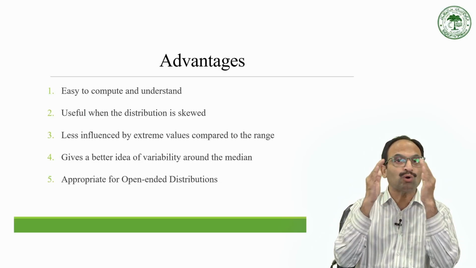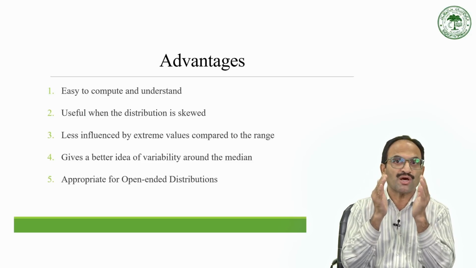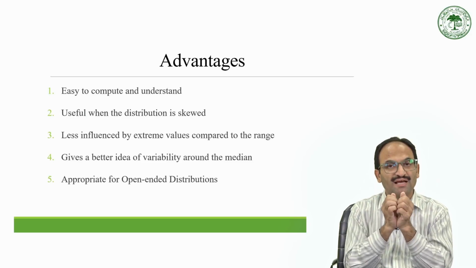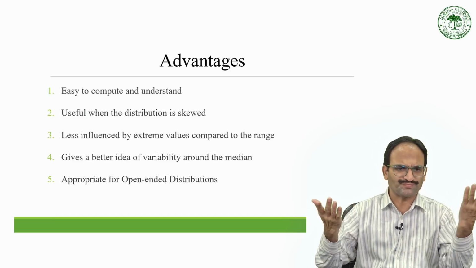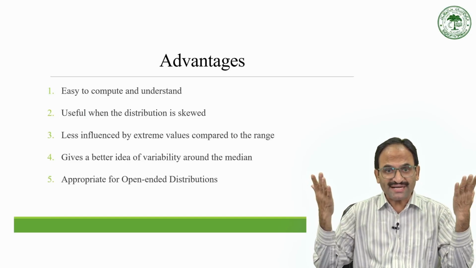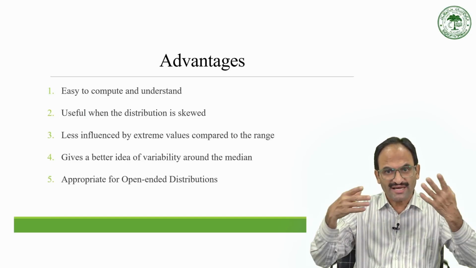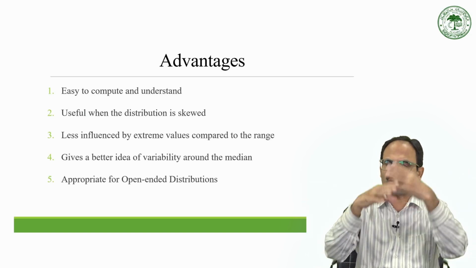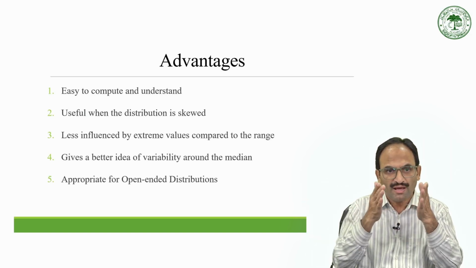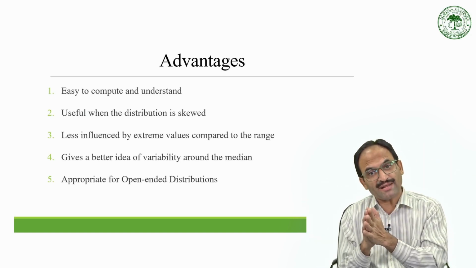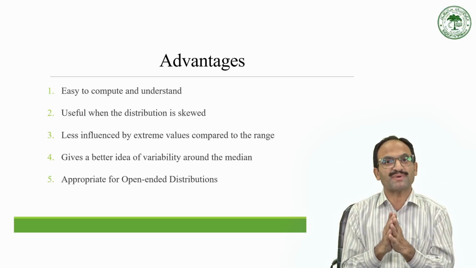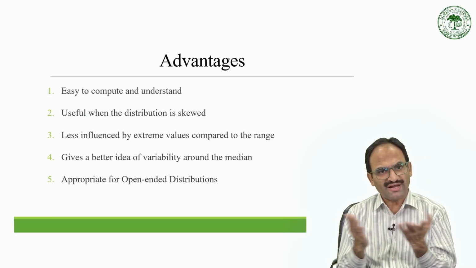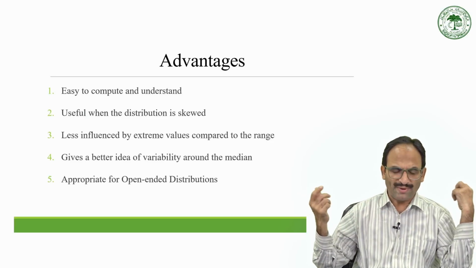By the outliers or by the extreme scores, quartile deviation is less affected in comparison to other measures of variability. So it gives a better idea of variability around the median, and it is natural because our whole calculation is based around the median. And finally, it is appropriate for open-ended distribution.